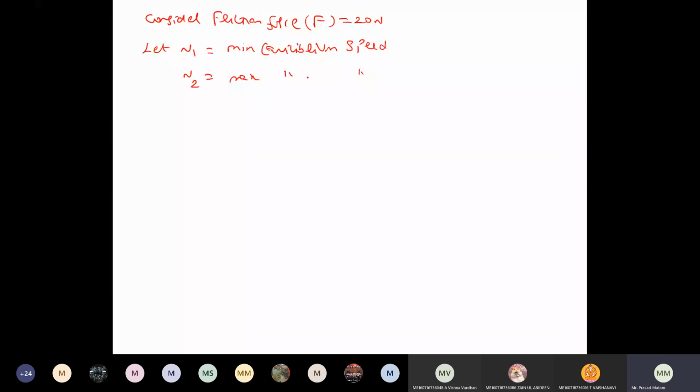Now we know that for N1 the sleeve is moving downwards and the friction force is acting upwards. So for minimum speed, the sleeve is moving downwards. When the sleeve is moving downwards, where will the friction force act? I'm writing here: friction will act in the upward direction.